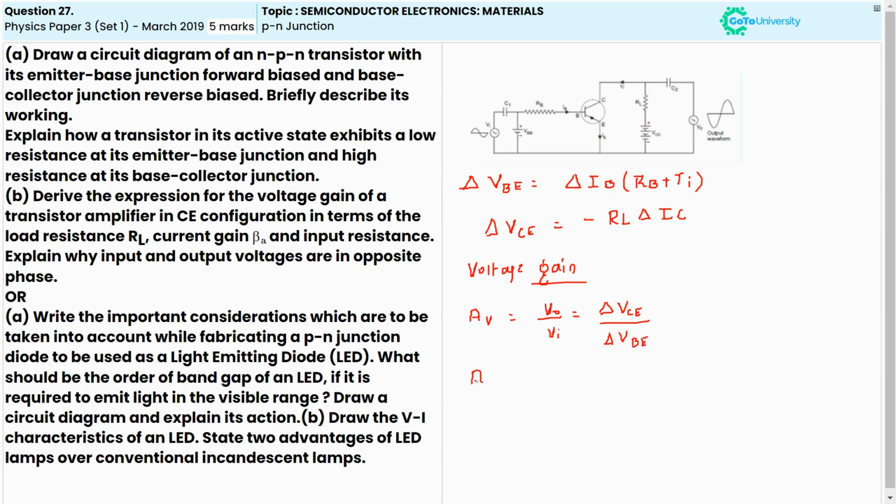Then AV is equal to minus RL delta IC divided by delta IB times (RB plus RI).